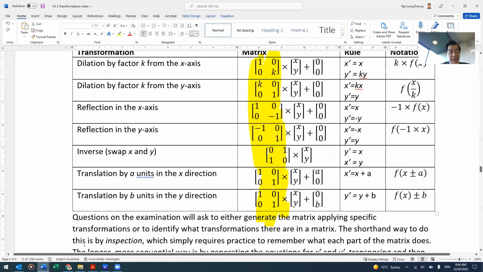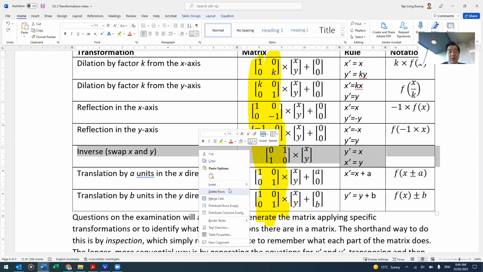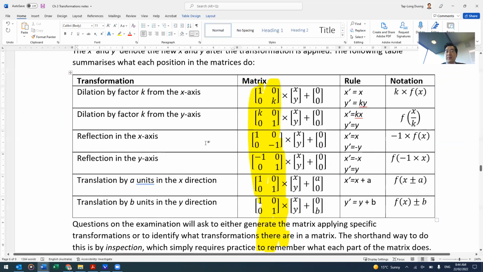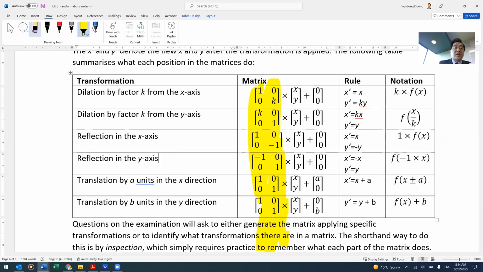In terms of then applying the matrix, like I said, just get used to reading off. Remember, if you dilate from the x-axis, which coordinate value is the one that actually changes? It's the y. So dilate from the x means that you're timesing the y value.